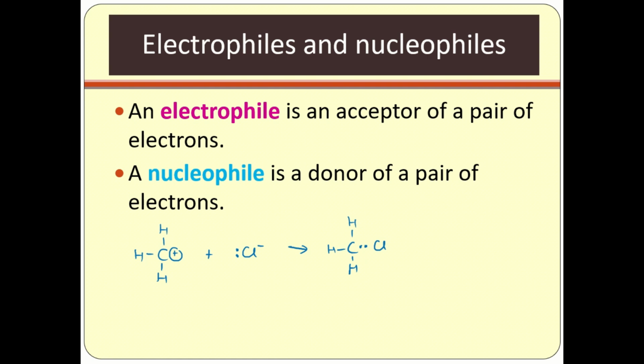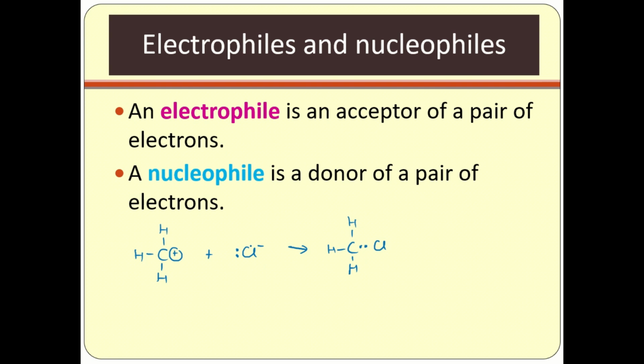In this example that I'm using, a carbocation reacts with a chloride ion to form a chloromethane. So what happened in this example is the carbocation has received a pair of electrons from the chloride ion.